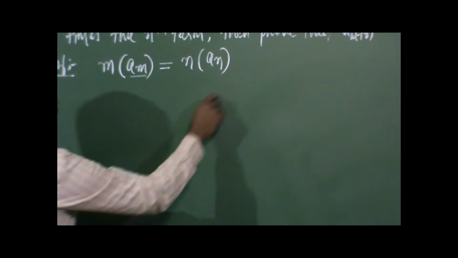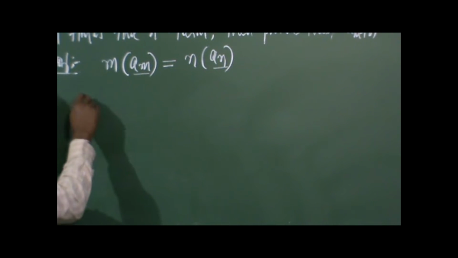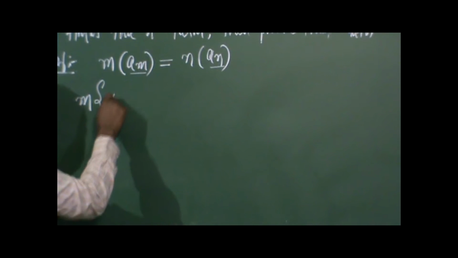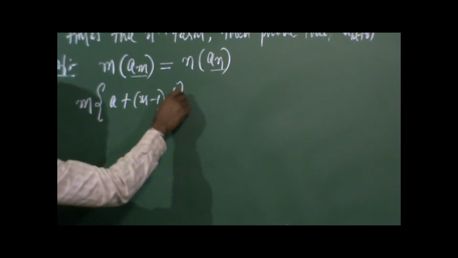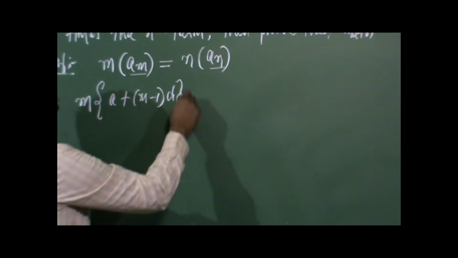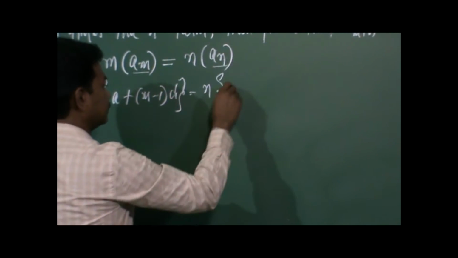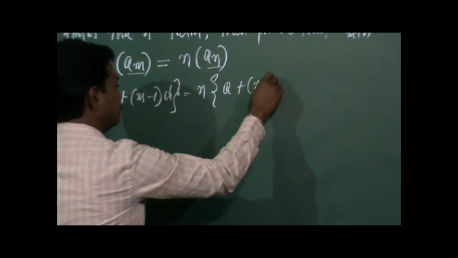Now let us define the mth term and the nth term. Keeping m as constant, let us define the mth term. This can be written as a plus m minus 1 into d. This is the formula for the nth term. Keep n as a constant, and multiply this n by the nth term, that is, the nth term can be written as a plus n minus 1 into d.